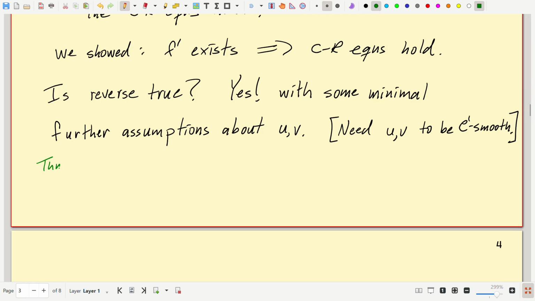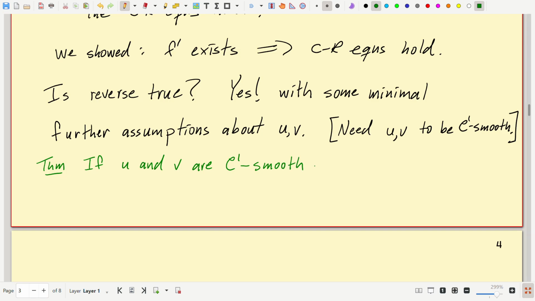So the theorem is going to be, if u and v are C1 smooth on an open set. You need an open set for this. I didn't need that when I derived the Cauchy-Riemann equations. I just needed differentiability at one point.